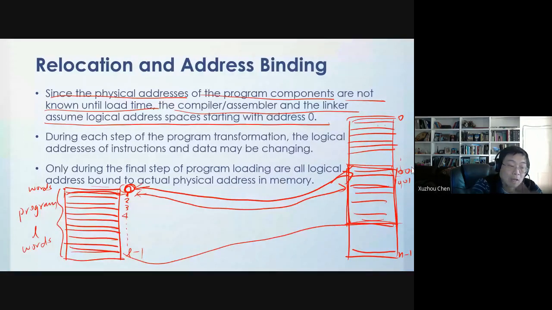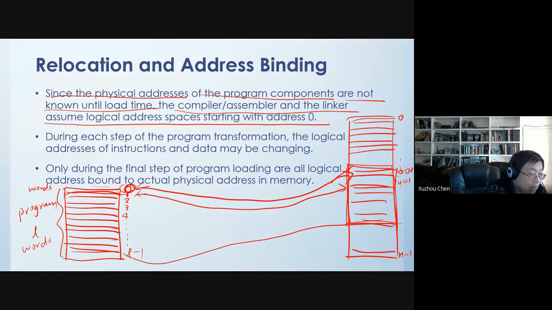It could be loaded into 1500. So each time, you never know where you're going to load the program into the physical memory.